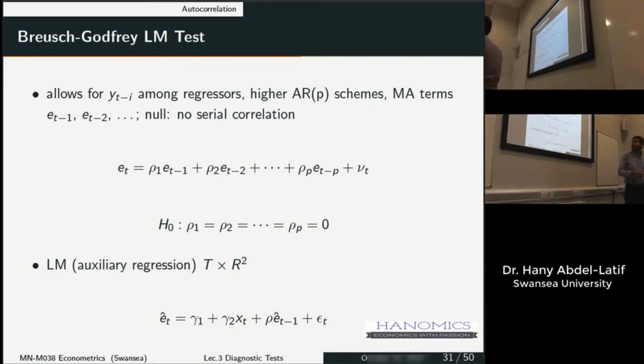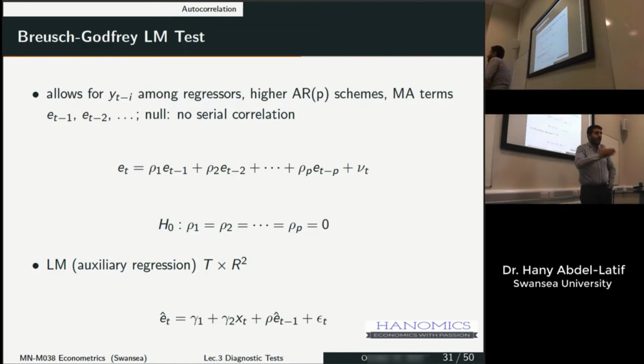So what does the LM test do? The Breusch-Godfrey LM test, as I said, allows you to have y(t-1) among your regressors. This was one of the conditions in the Durbin-Watson test, so you can't have this there, but the Breusch-Godfrey LM test allows for it. It also allows for a higher AR, or autoregressive, scheme.